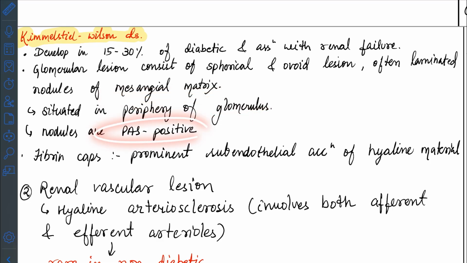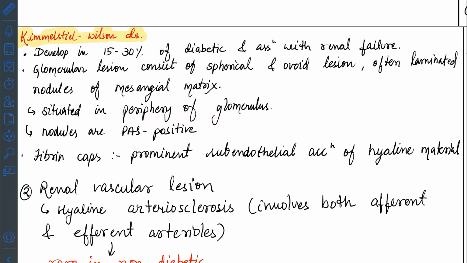If we do a periodic acid-Schiff stain, it is going to be positive. The fibrin caps are prominent subendothelial accumulations of hyaline matrix. So there are spherical oval lesions, laminated nodules, and a peripheral position of these nodules.